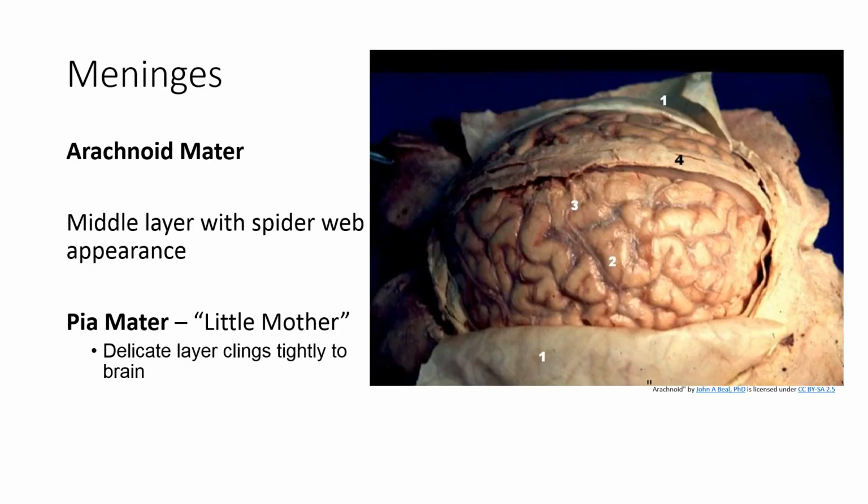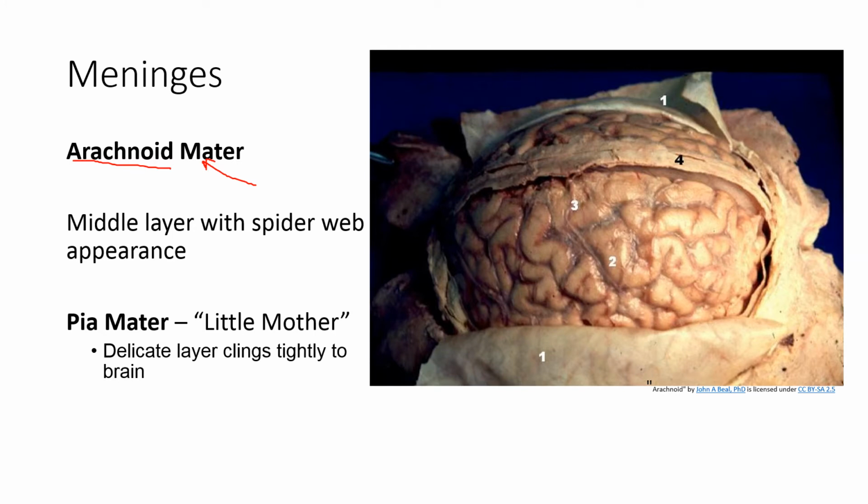The middle meninx is called the arachnoid mater. It gets this name because arachnoid refers to spiders, and this meninx has spider web-like extensions. It's separated from the dura mater by a subdural space. The subarachnoid space contains cerebral spinal fluid and the largest blood vessels of the brain.